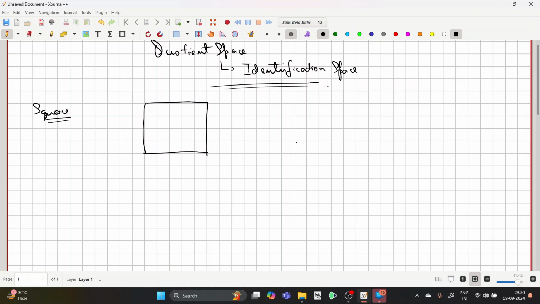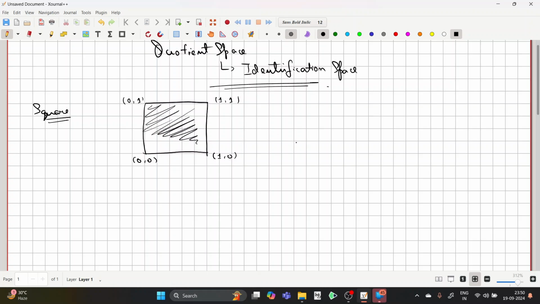So let me just give some coordinates to this. I have this to be the coordinate (0, 0), this has the coordinate (1, 0), this has the coordinate (1, 1), and this has the coordinate (0, 1), and I am talking about this whole space, so whatever is inside it as well.